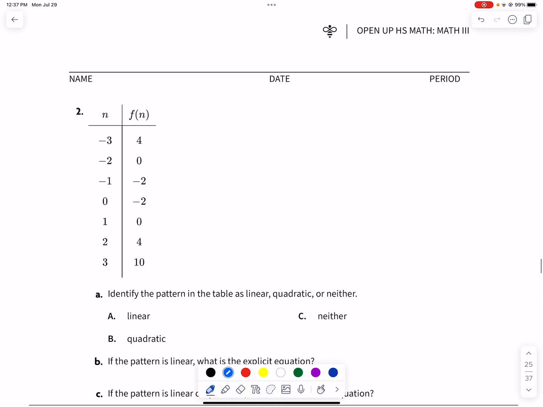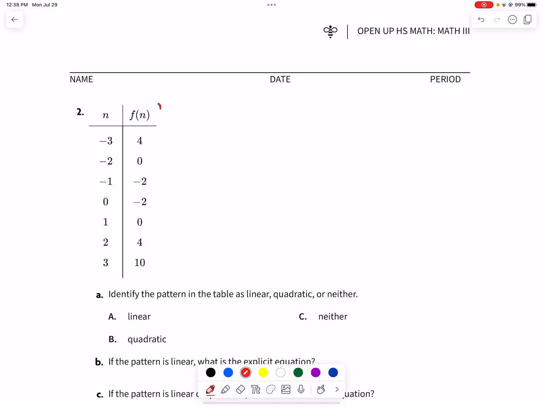Okay, next function, let's take a look. We've got differences and second differences. Okay, so going to here we have, oh, this time it's not constant differences.